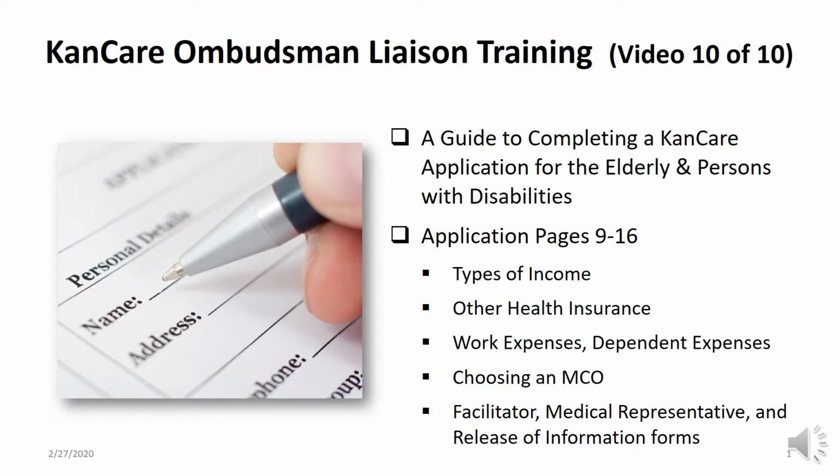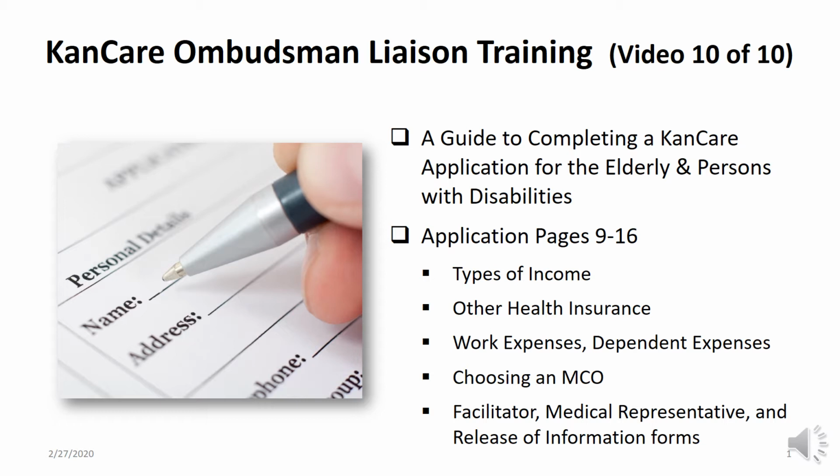We're continuing our line-by-line guide of the KanCare application for the elderly and persons with disabilities. In this module, we'll be covering application pages 9 through 16, which is the end of the application.